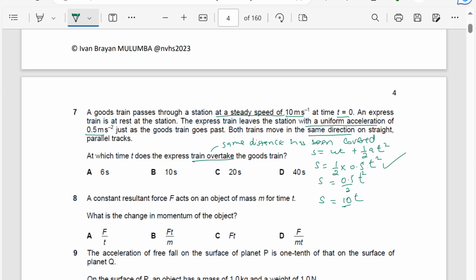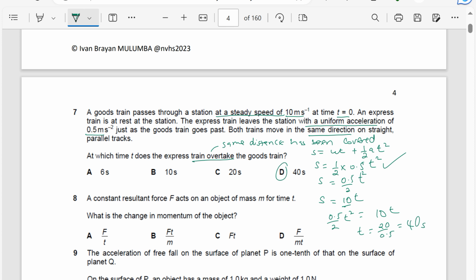So these two quantities should be equal. I would simply say 0.5 over 2 times t squared is equal to 10t. So one t cancels out, and you remain with t. So t is going to be equal to 20 divided by 0.5, which is equal to 40 seconds.